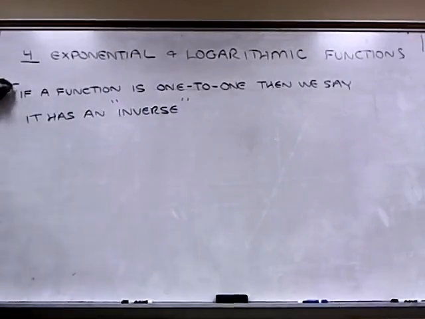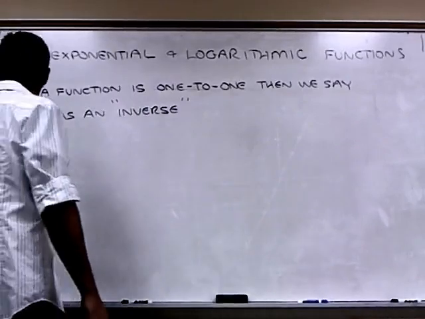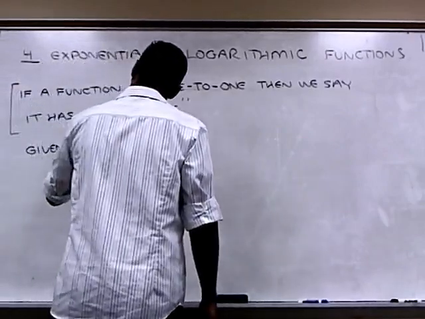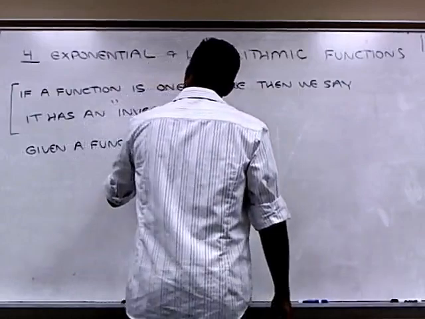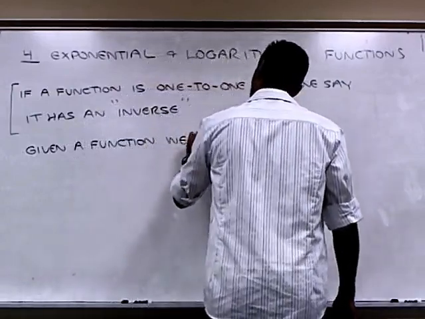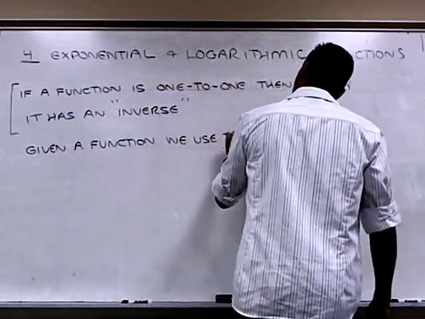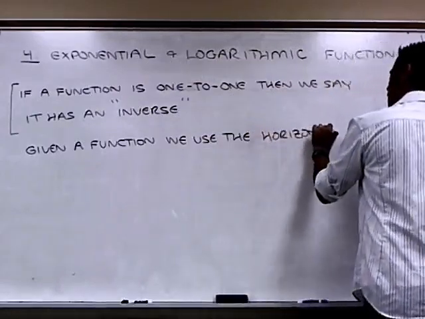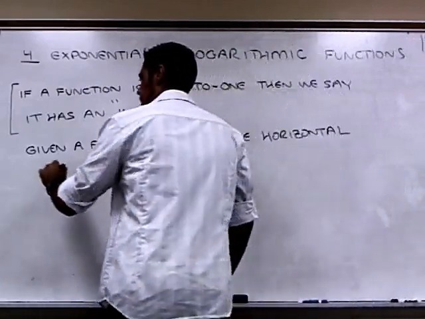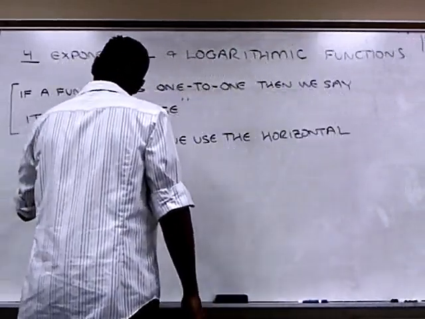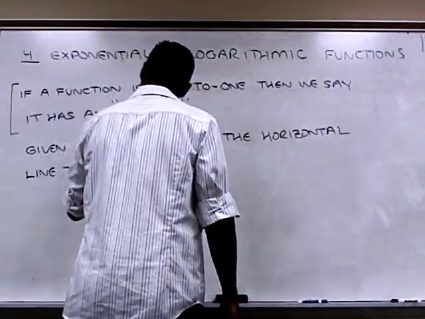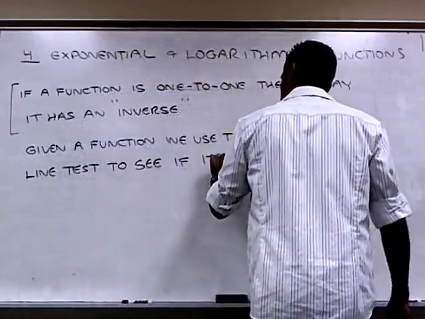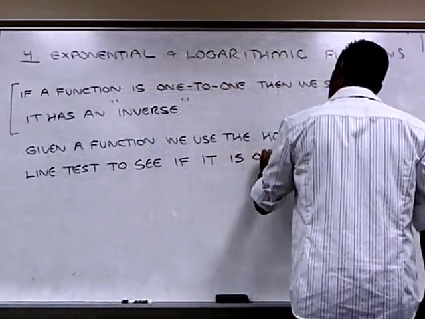Then we have from here what we will call the horizontal line test. Given a function, we use the horizontal line test to see if it is one-to-one.